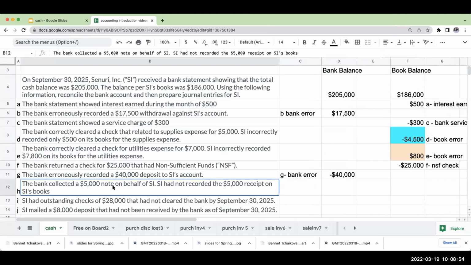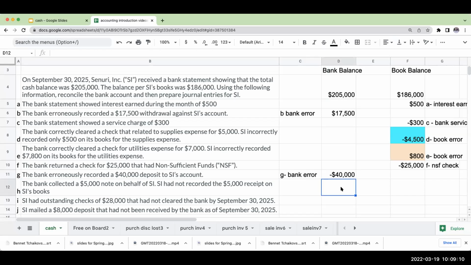Okay. Take a look at letter H. The bank collected a $5,000 note on behalf of us. So this is going back to our discussion about the lockbox in one of the earlier videos. So for this case here, I had not recorded the $5,000 receipt. So the bank is showing 5 grand. I need to show that 5,000 bucks on my books.